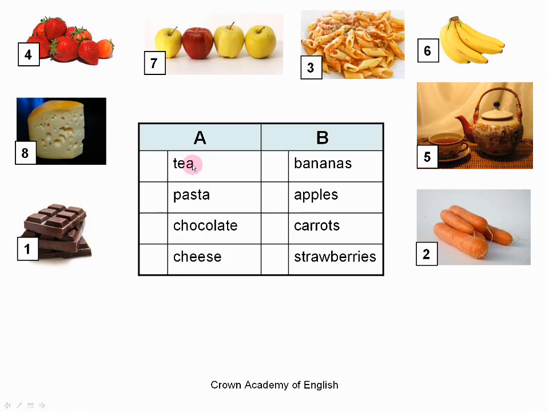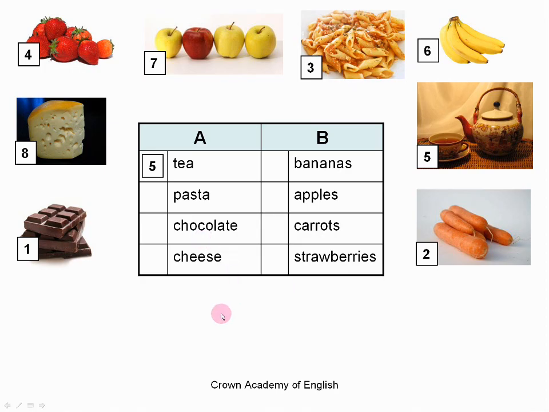For example, tea. Which number is tea? Well, it is this one. So we put number 5 in front of the word. Alright, so I would like you to do the rest for all of the other words. If you want to pause, then you can pause now, and then we will go through the answers together in a few seconds.